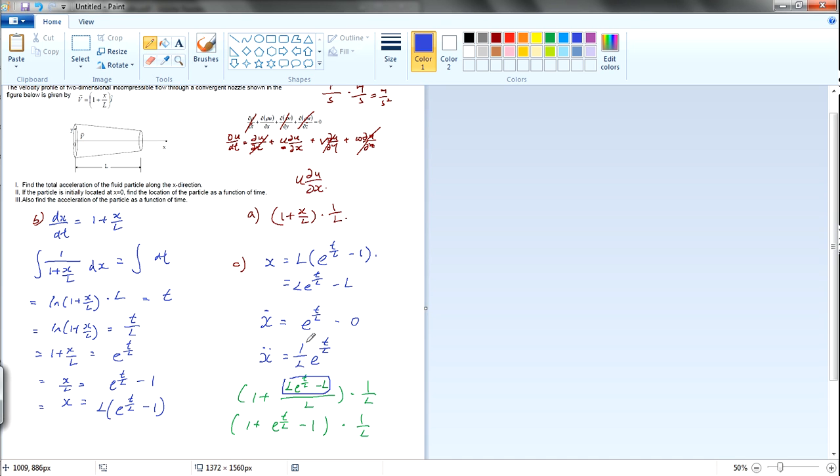It's the same thing as this, so just sub it back into here, divided by L. You cancel all of them, you get this thing, and then 1 minus 1 is equal to 0. So you have e to the t over L multiplied by 1 over L, which is the same as my equation over here. So this is just a proof to show you that they are the same.